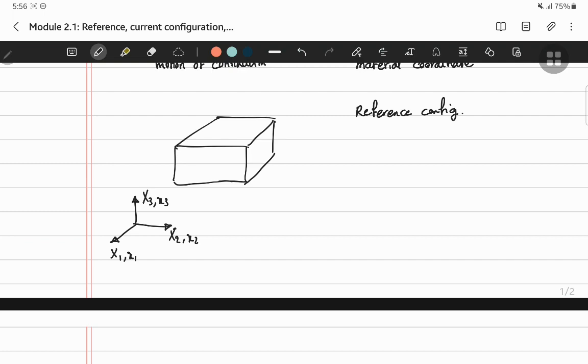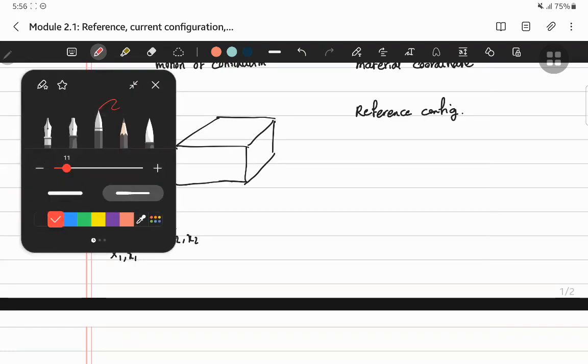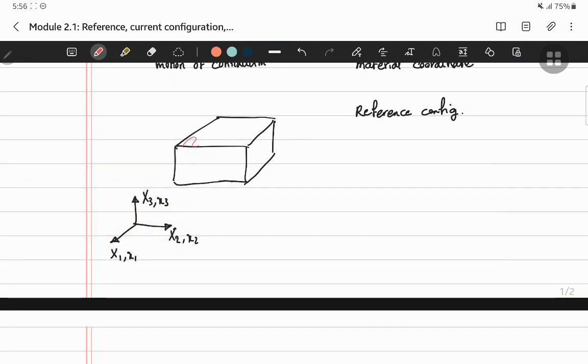And due to some loading, for example, or due to some deformation, this is changed to something like this.